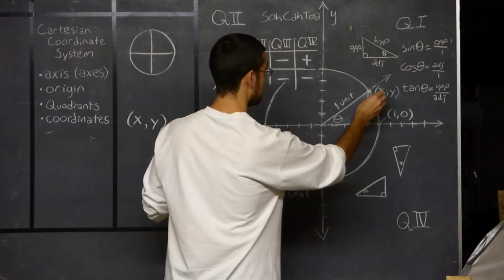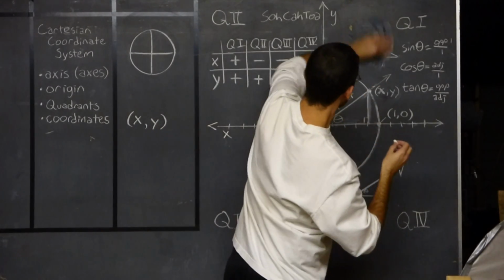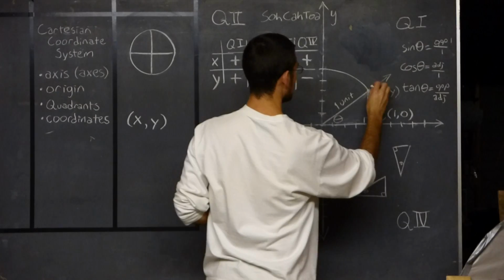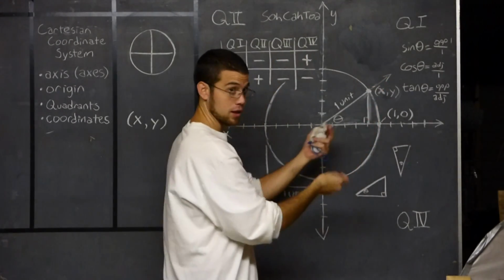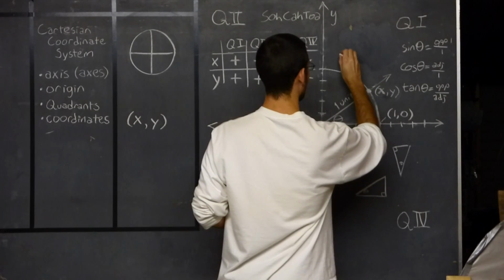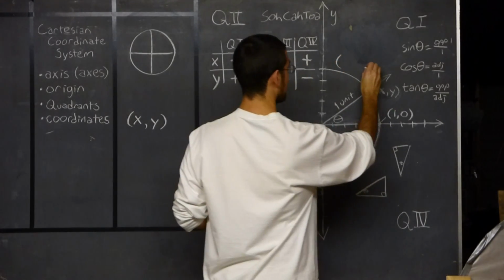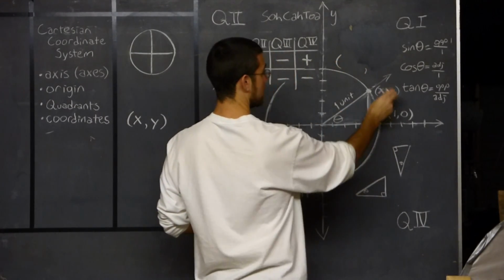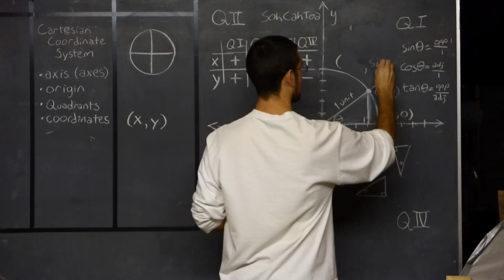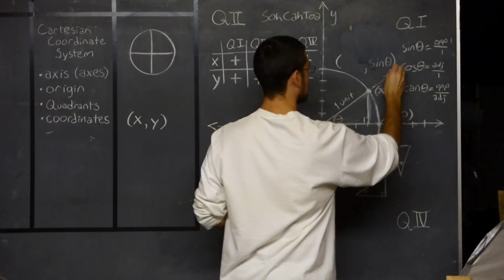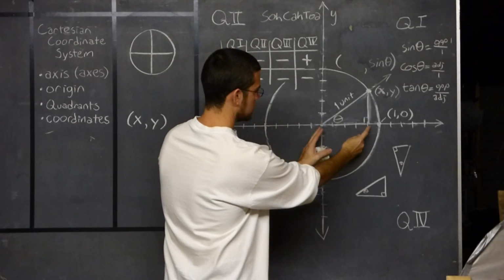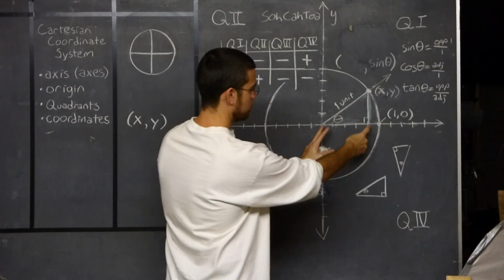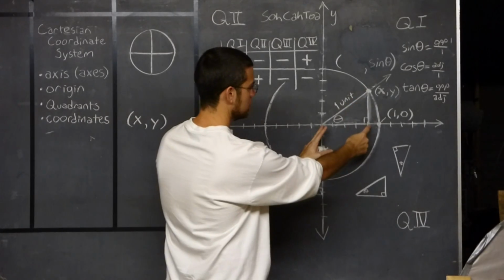That means that we can label that point with x, y coordinates, but we can also label that point with the equivalent. We know that sine of theta is our y, and what's our x? It's this distance. It's the base of this right triangle.